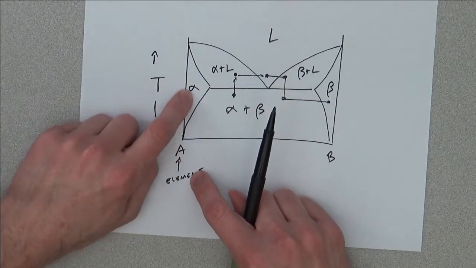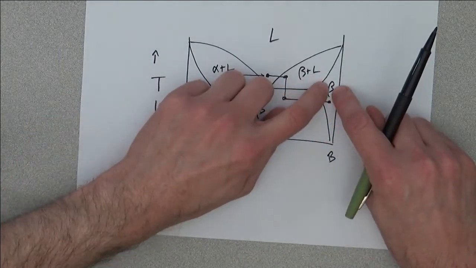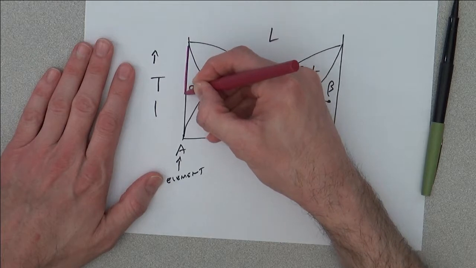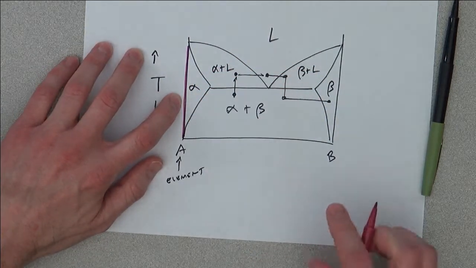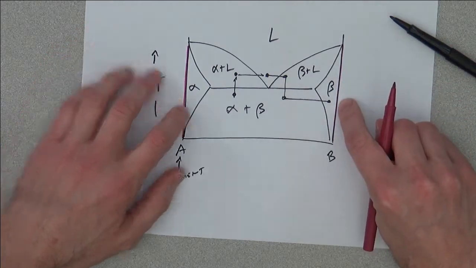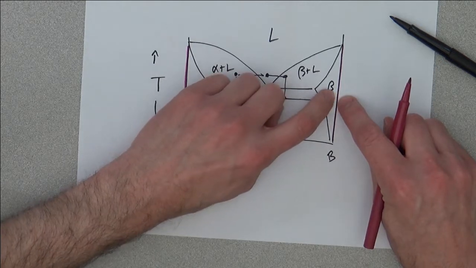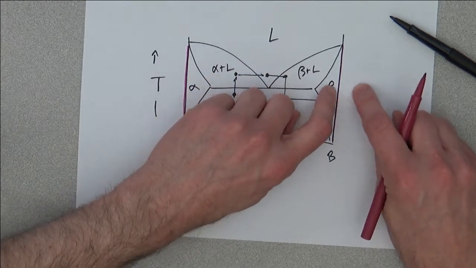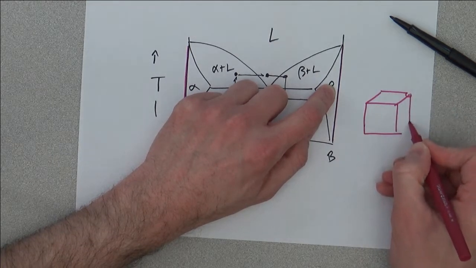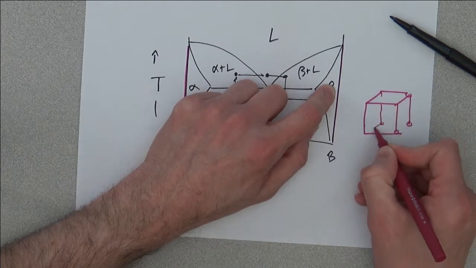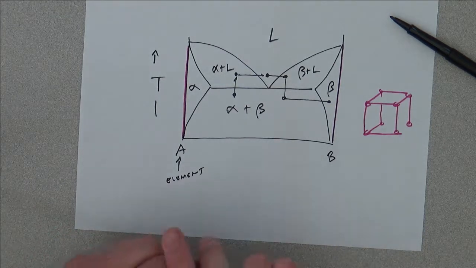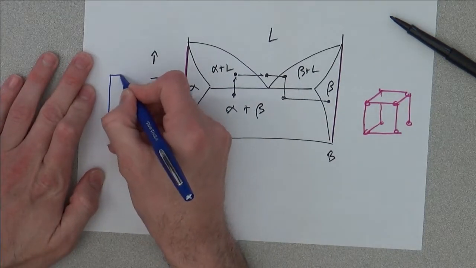This is something that contains a little bit of element A, a little bit of element B. Now, in contrast, right on this line, that's pure A, and right on this line is pure B. But again, thinking about solid solutions, this just has to do with the fact that, if you have a pure crystal of B atoms, and you've got some pure crystal of A atoms over here, right?